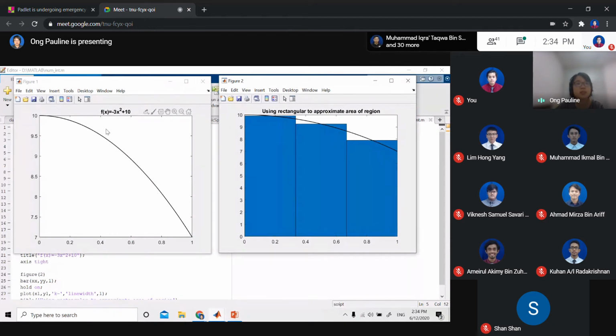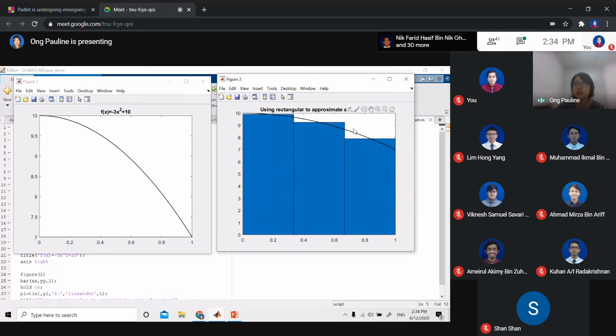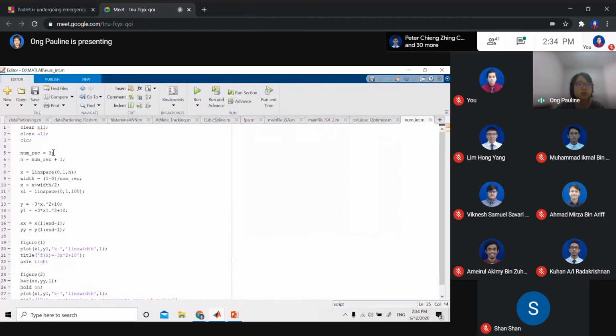We are trying to find the area of the region below the function f(x) bounded by x equals 0, x equals 1, and also the x-axis. This is by using the rectangular rule, where I approximate it using 3 rectangles. You can see that there is some missing region here. So now let me increase it to, let's say, 10 rectangles.